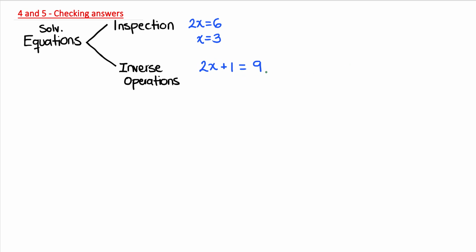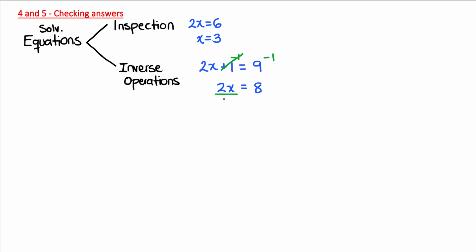So I have to work backwards. I have to do addition and subtraction first, which means that I have to subtract 1 from both sides. This becomes 0, and this is 2x equals 8. Then I divide both sides by 2 because I have to use the inverse operation of multiplying by 2.